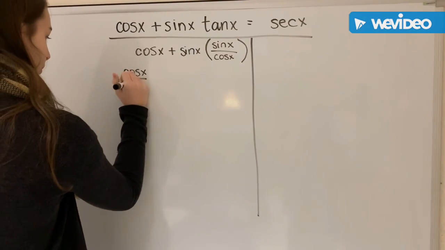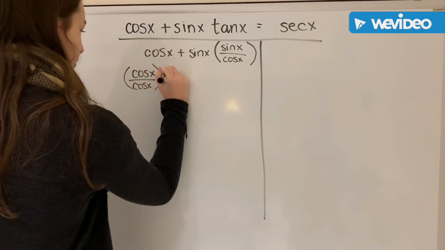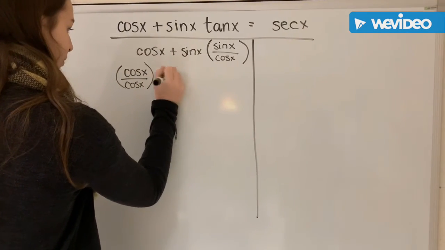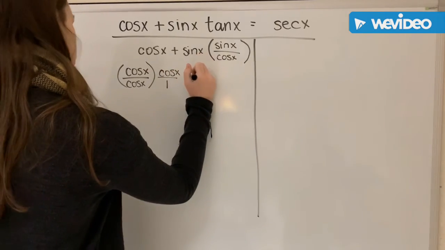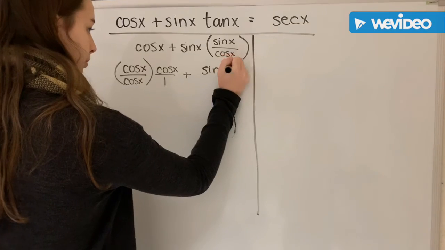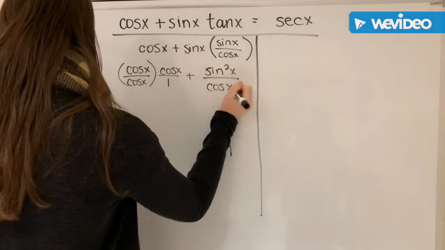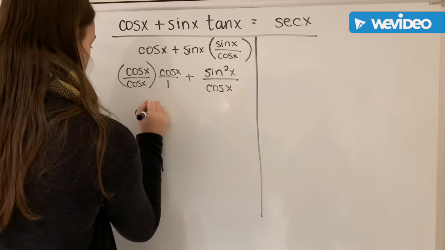I multiply cosine x times 1, which would be cosine x over cosine x, so that we can have a common denominator for each of the parts. And then sine x times sine x over cosine x equals sine squared x over cosine x.